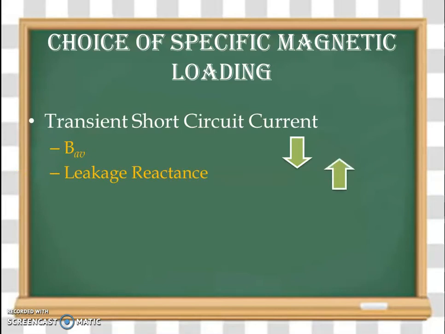And in case of short circuit current, we know that short circuit current is restricted only by the leakage reactance of the machine. So if leakage reactance is high, then short circuit current will be reduced. So this is one of the advantages of selecting less specific magnetic loading.